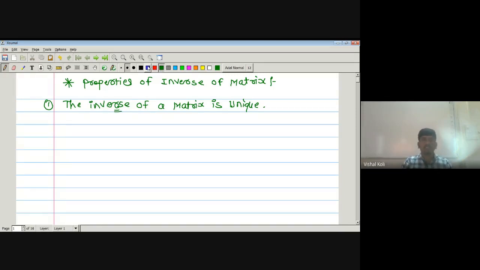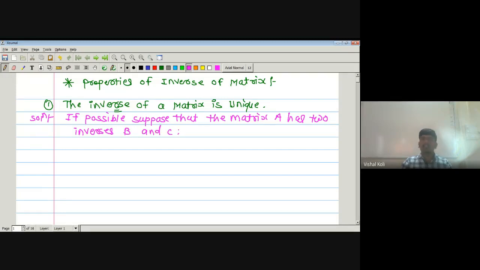So, if possible, let us suppose that the matrix A has two inverses B and C. By the definition of the inverse of a matrix, as B is the inverse of matrix A, this implies A into B equals B into A, which equals the identity matrix.